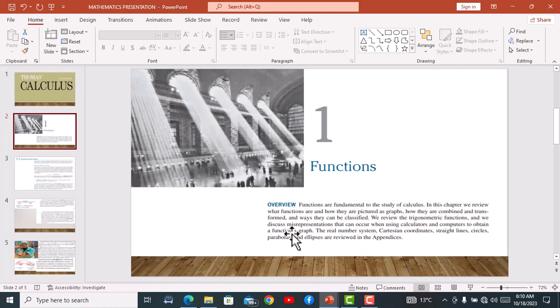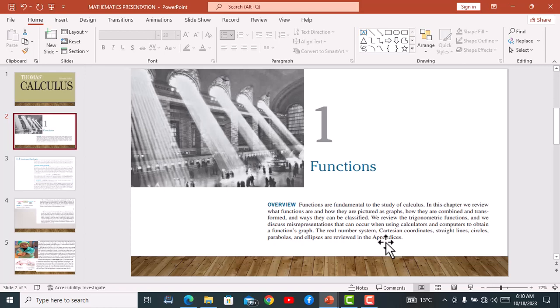As we said, these functions can also be represented in a graphical way. The real number system, the Cartesian coordinates, and the straight lines, circles, parabolas, and ellipses are reviewed in the appendices. So we will be looking at a variety of these, and all these things are functions. Remember, they are represented in a graphical representation.